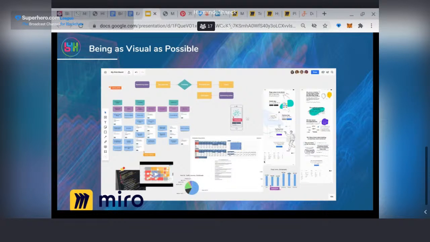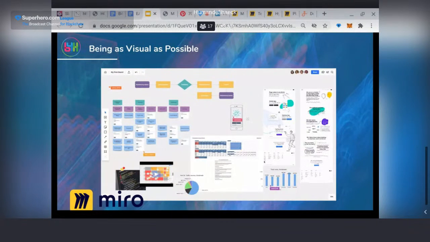If it's not Miro, if you prefer a Google folder, Google Docs, or something like that, this is totally up to you what tool you are going to choose.